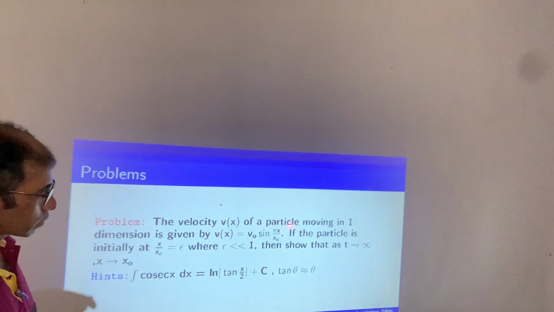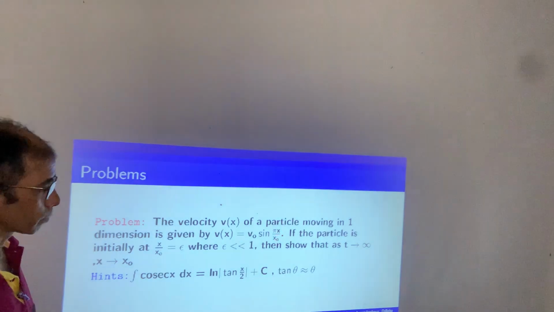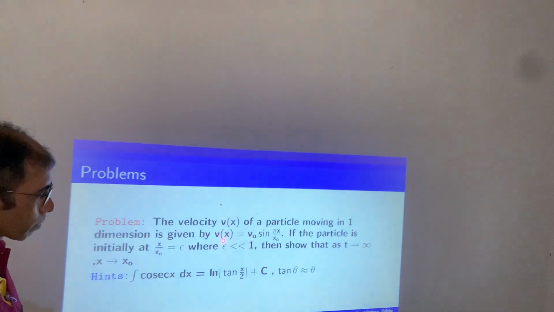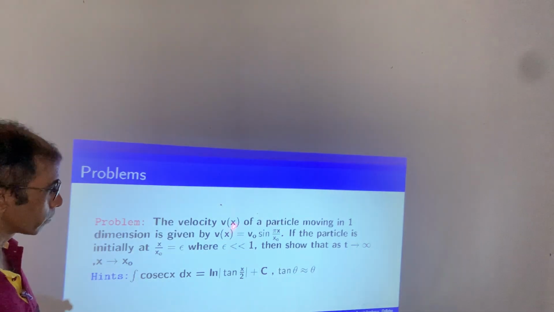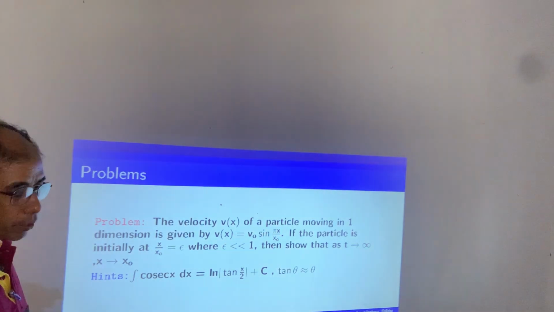Given is this relation, v_x equal to v0 sin(pi x by x0). So what do we have to do? v_x is dx by dt, so dx by dt is v0 sin(pi x by x0). Now you integrate it.